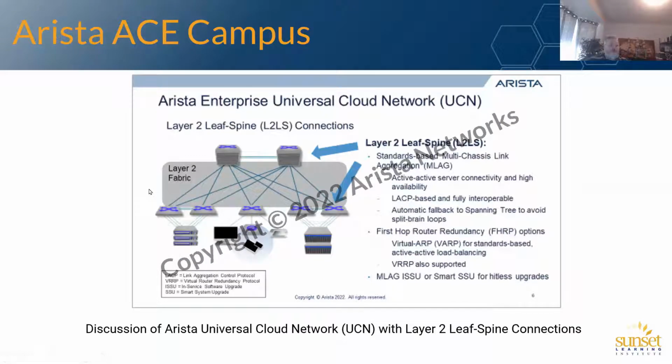From there, we're going to talk about what Arista calls their UCN, their Universal Cloud Network, okay? Now, again, this has been around for a while in data centers. You might hear a lot of this as well if you're doing Arista data center, but this also applies to the campus networks, all right?